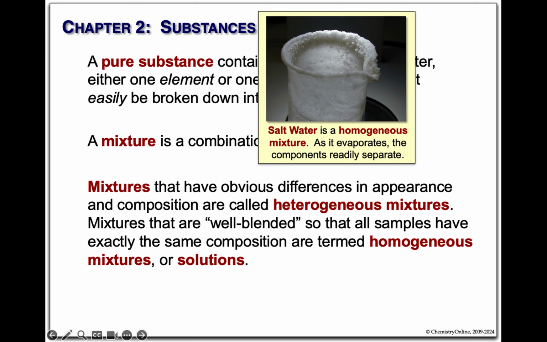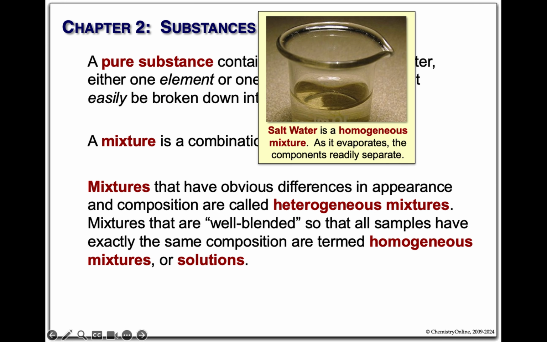But, going back, the sample test. If we reached in this side of the beaker and pulled out a sample, the salt and water content would be identical to a sample from this side. So identical samples means homogeneous.